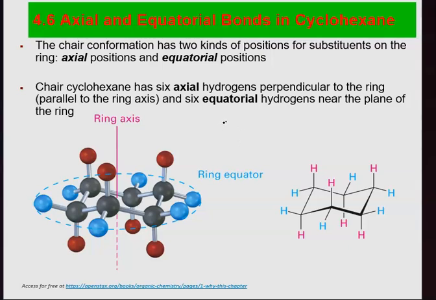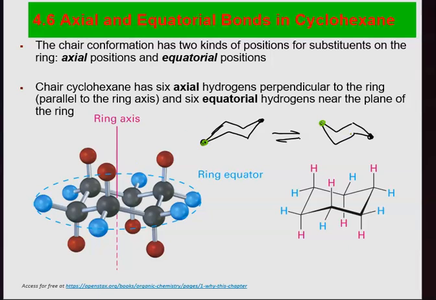There is a flipped structure also, where if this is your original structure, cyclohexane can flip this way to form another conformer, where this carbon atom is now here. Let's put a color here so that we can tag it. This is my green carbon atom, and now it is here.